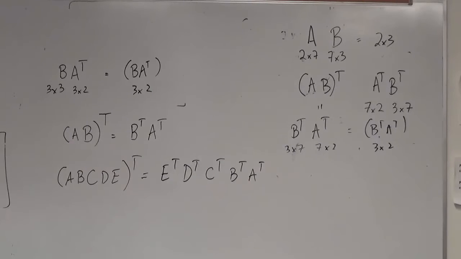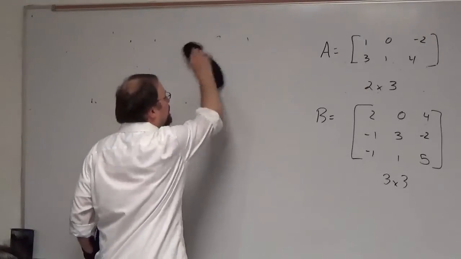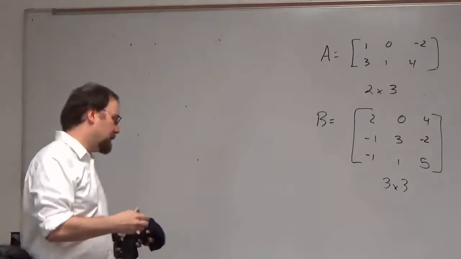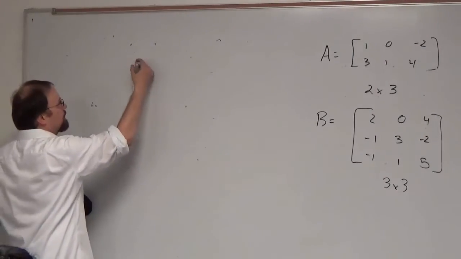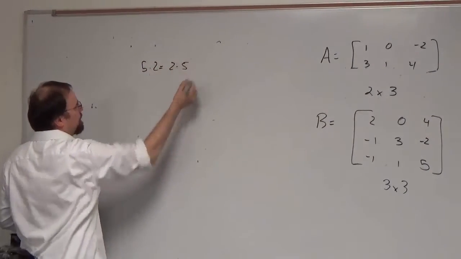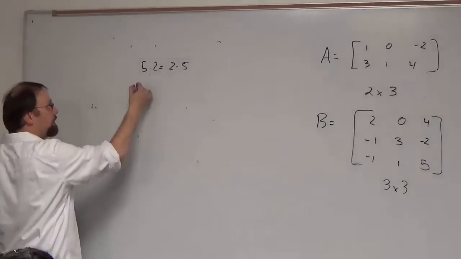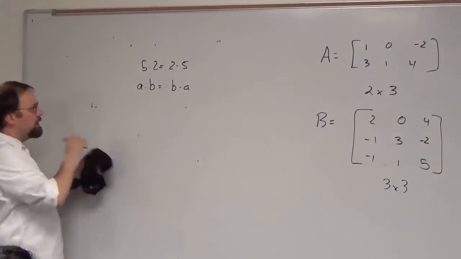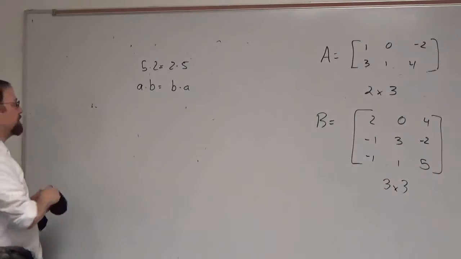I wanted to do an example that's similar to one of the homeworks, I thought it was interesting. Can you say in general that matrix multiplication commutes? Multiplication of numbers is commutative, correct? So 5 times 2 is 2 times 5. For real numbers, or complex numbers, number multiplication is commutative.